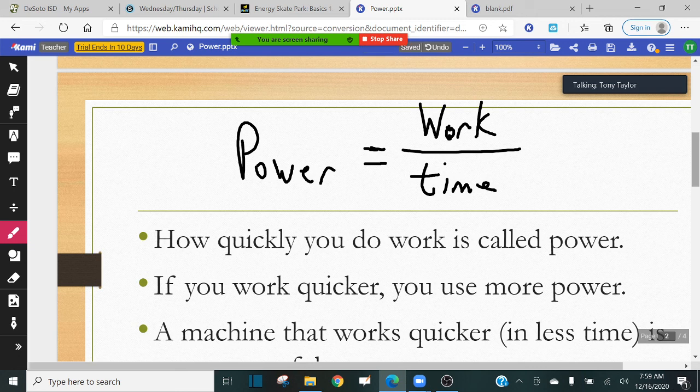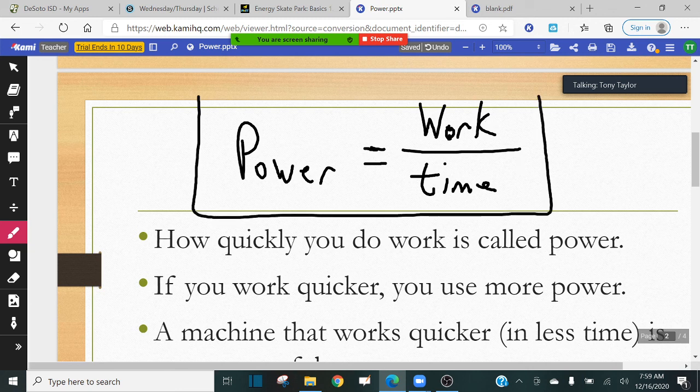Power just refers to how quickly work is being done. So work divided by time is equivalent to power. That's what we mean in physics when we talk about power: how quickly you're doing the work. In other words, work divided by time. This will be an important equation that you will need to know for your test and also for your assignment later on today.